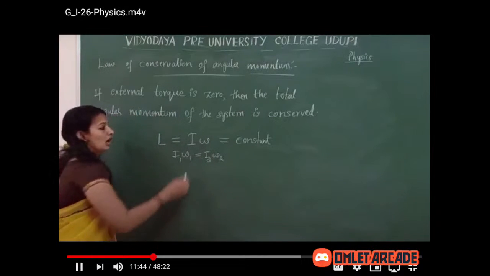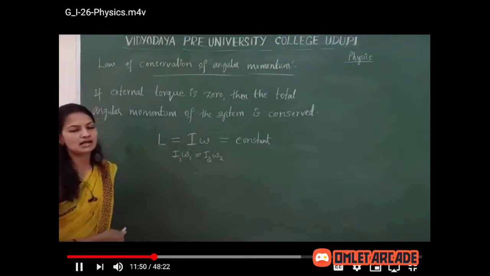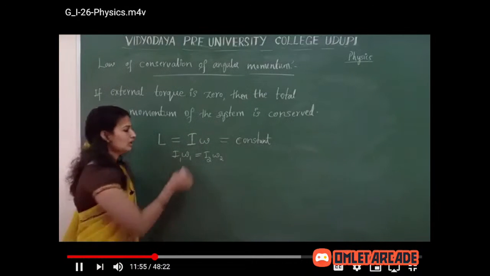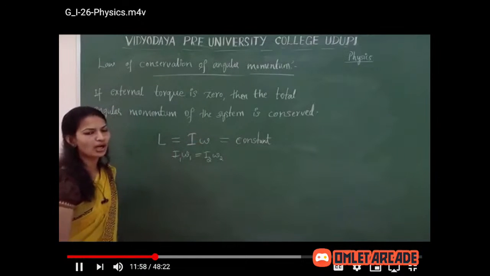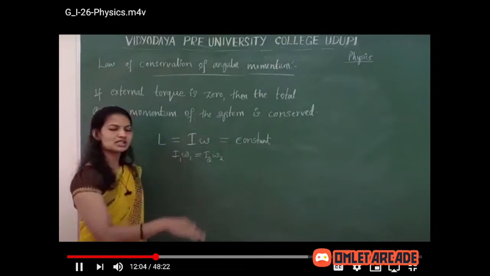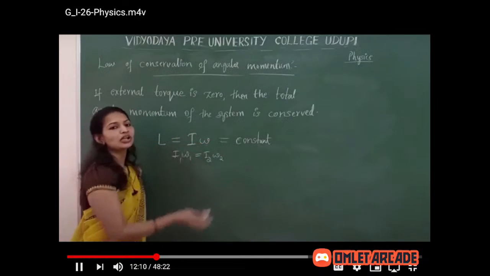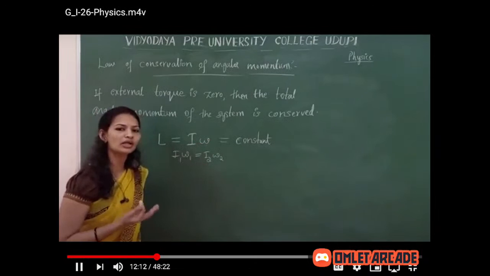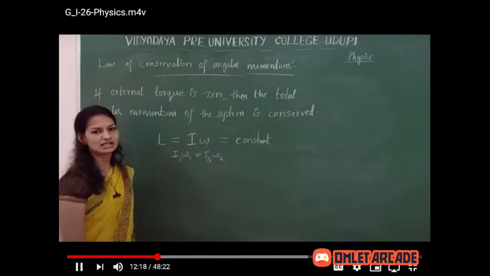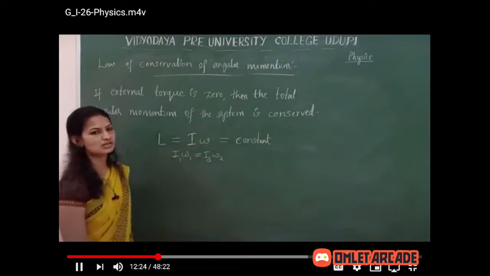That means when the moment of inertia of the body increases, the angular velocity of the body decreases. Similarly, as the angular velocity omega of the rotating body increases, the moment of inertia decreases.